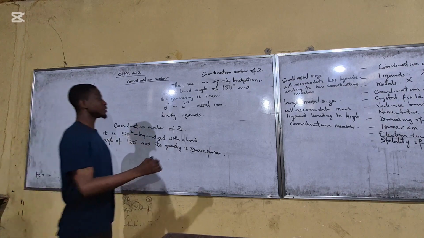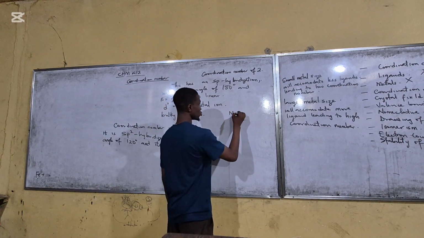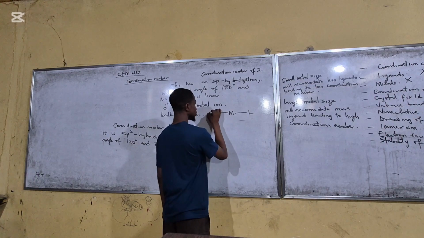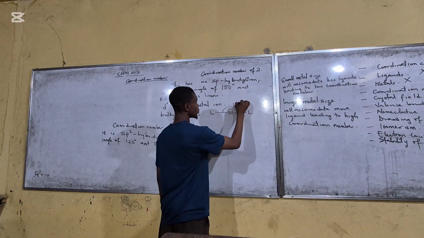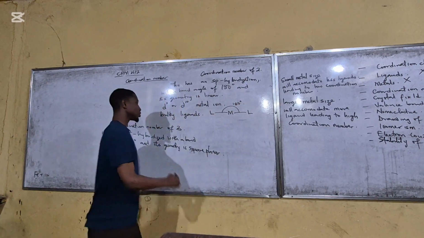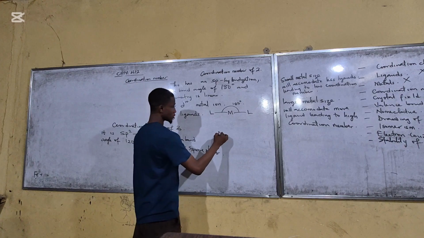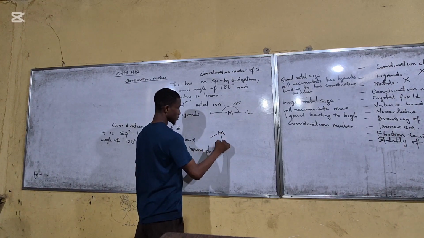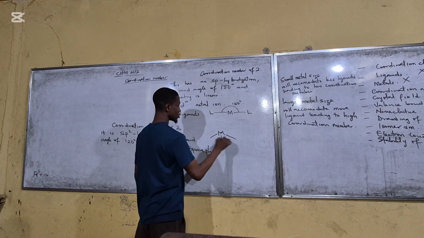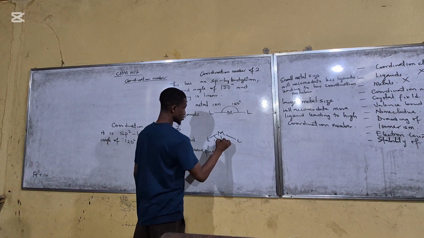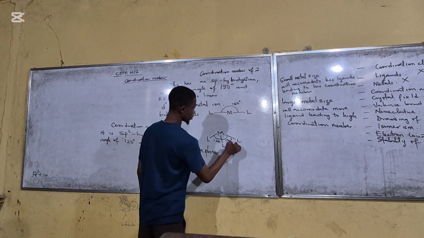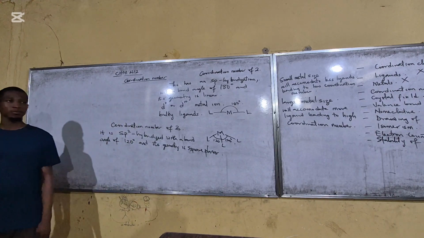Okay, I think I should draw linear for you. Linear looks like this, so that you know. The bond angle is 180, angle on a straight line. Then square planar on the other hand is like this. Bond angle is 120, 120. So it's like that.